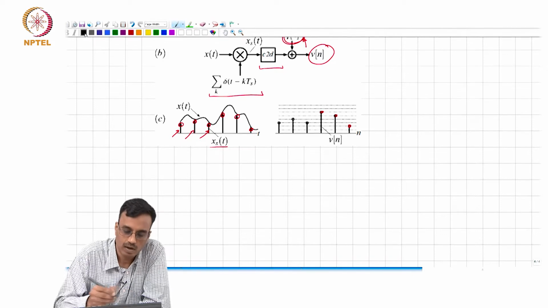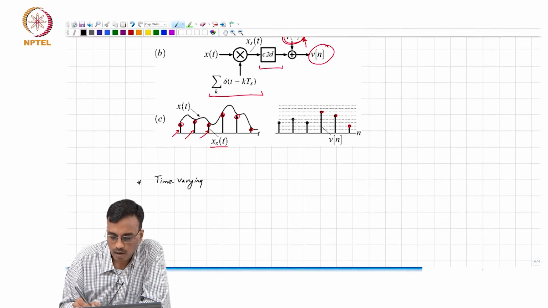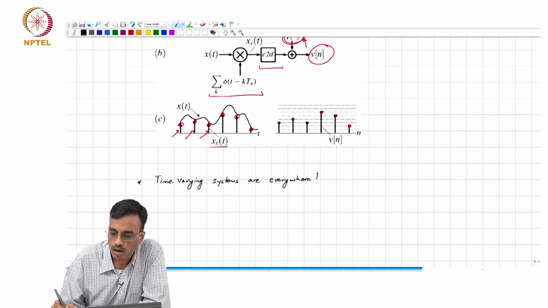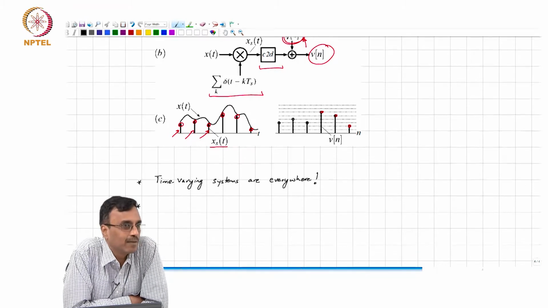So, the bottom line therefore is that time varying systems are everywhere, right. So, the question is not why should we study time varying systems.